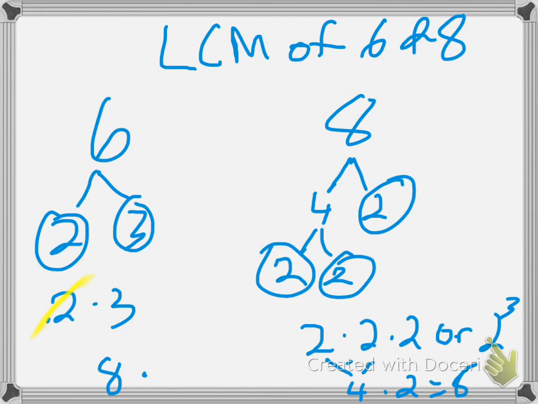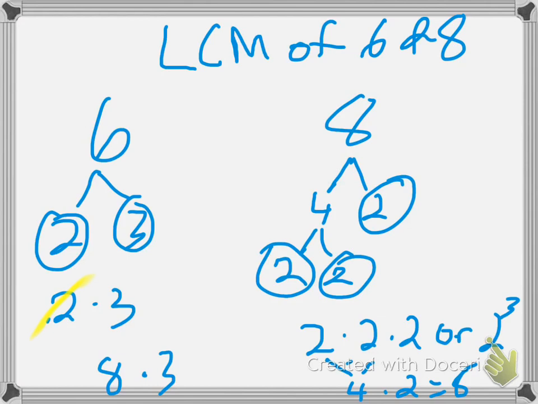But the 8 did not have a 3 in the prime factorization. So that 3 has to be included in this least common multiple's factors because it's included in 6's factors.